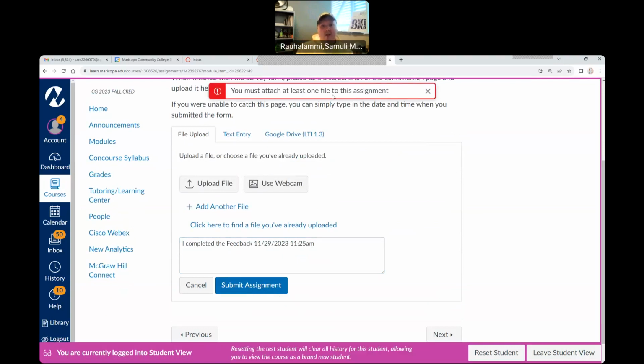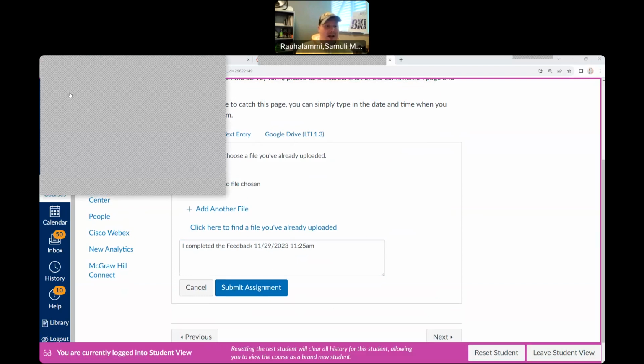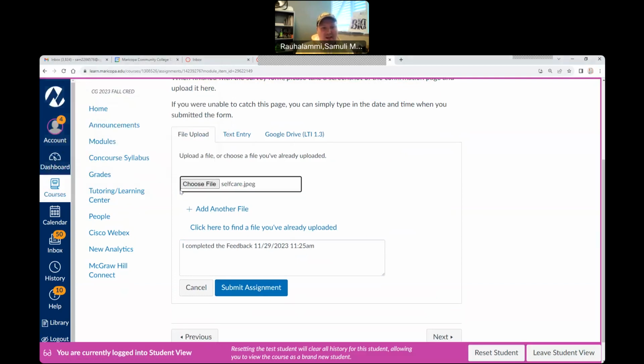If it's asking you to attach a file, I realize that this is a bug in our system. You can literally upload any file at all. It's not gonna be important. If you put a picture of a cat, I'll probably give you extra points for that. But you can just put a random picture.